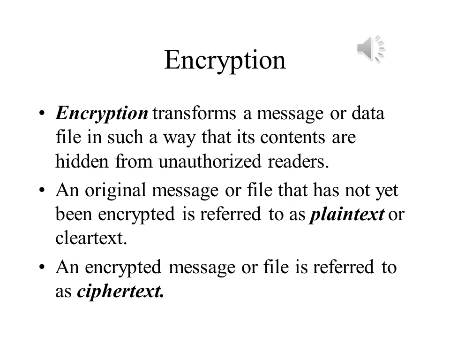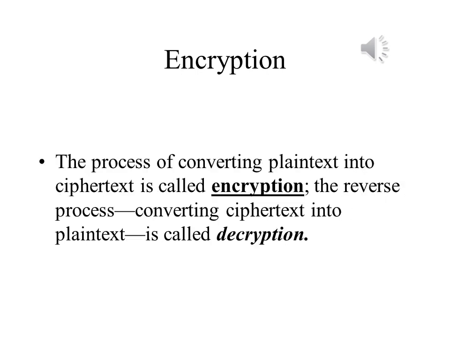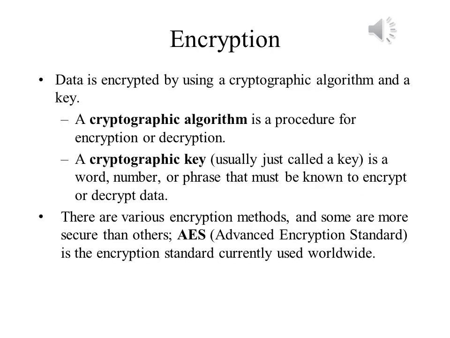What you encrypt it into is called the ciphertext. The process of changing plain text into ciphertext is called encryption. Reversing this and converting ciphertext to plain text is called decryption.